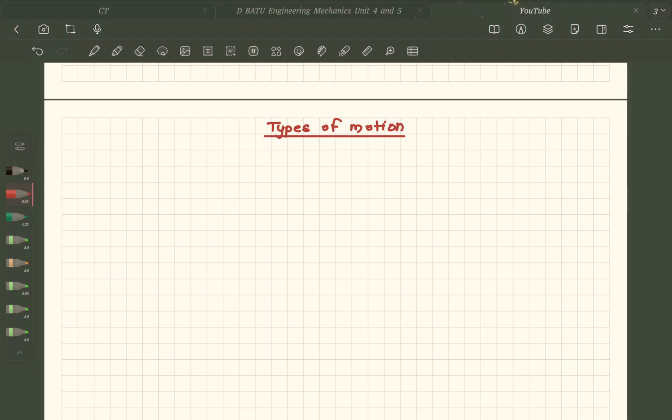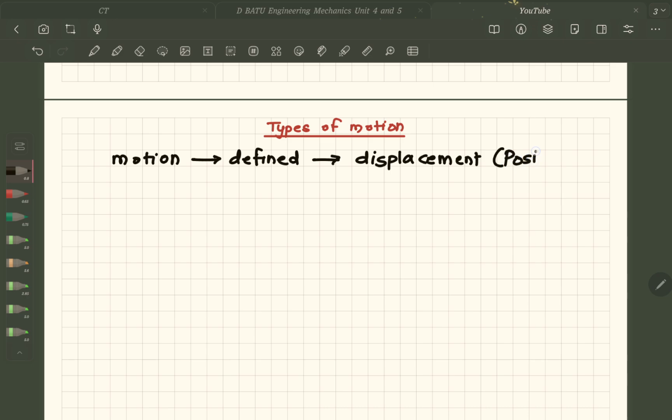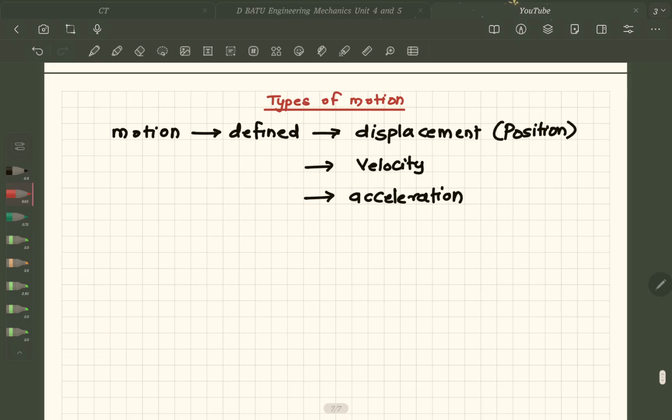So in engineering mechanics, as we have discussed in the earlier lecture, motion is defined with the help of displacement, which is related to position, then velocity and acceleration, and we have seen how these parameters are calculated. So based on these three parameters, we have two basic types of motion.